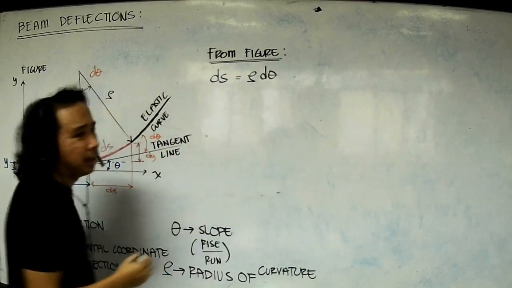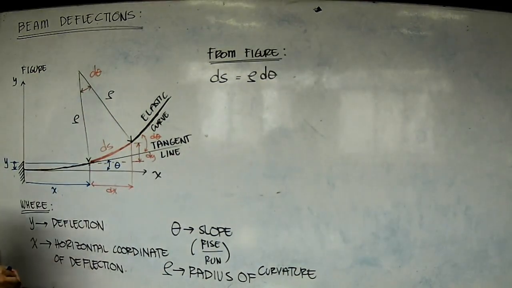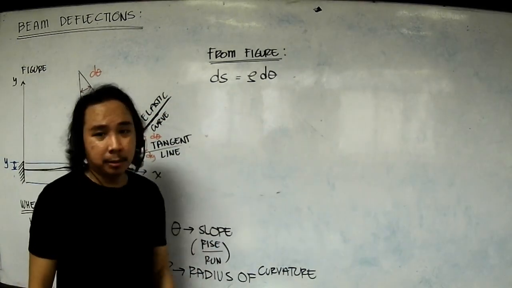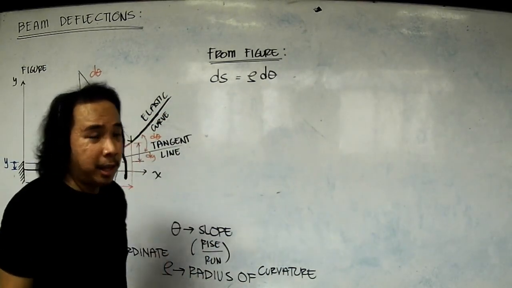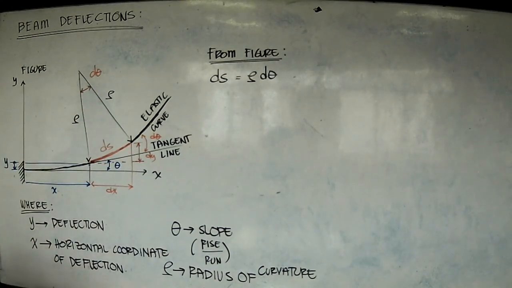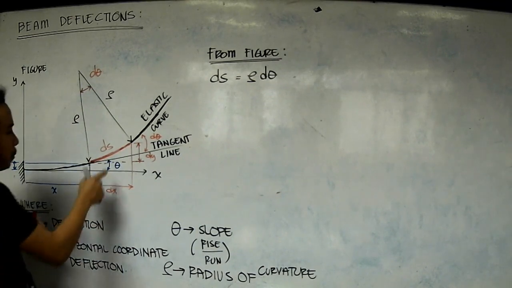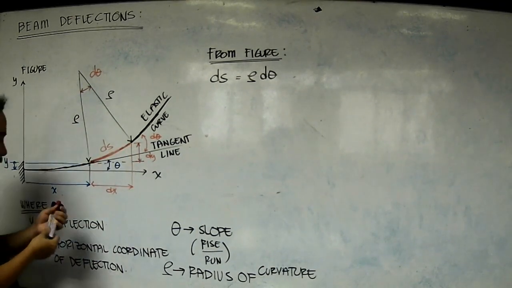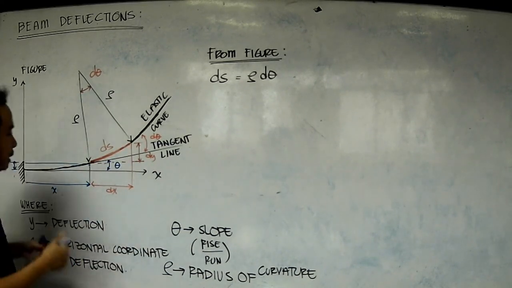I think this is quite familiar to you from earlier trigonometry. If we ignore the differentials, that is actually the arc length of this circular segment. Now we have ds, we have dx, and we have dy. We're playing with very small numbers here.